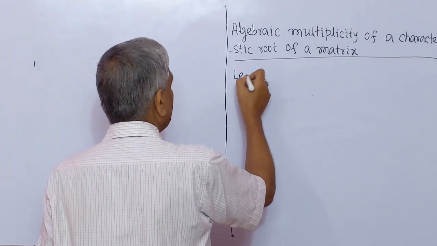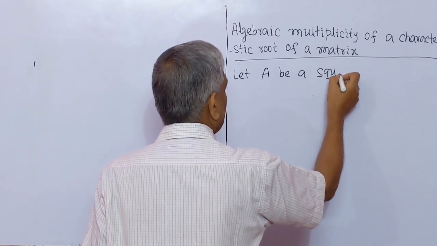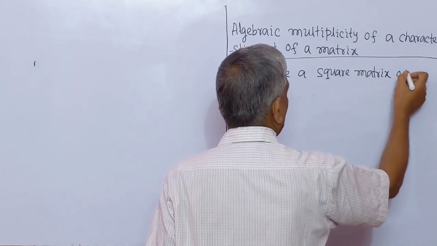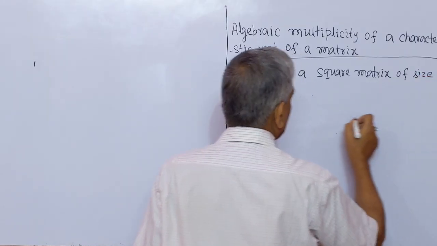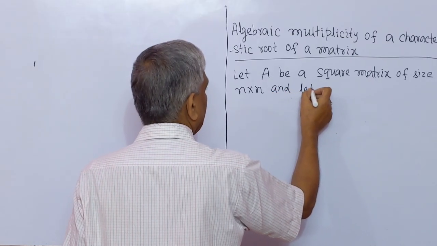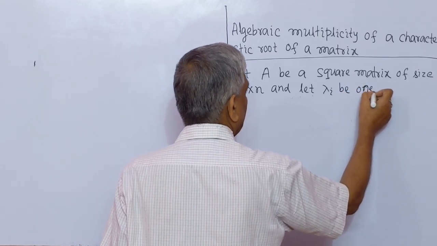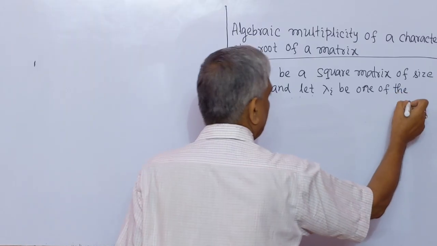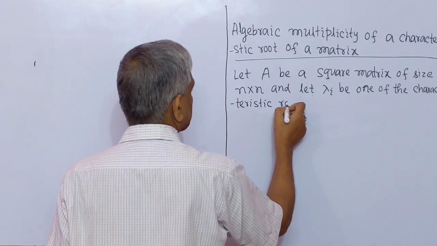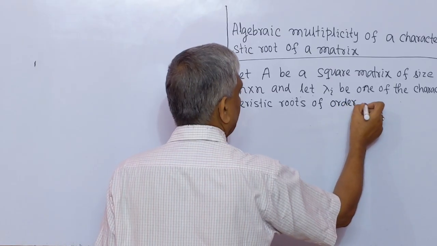Let A be a square matrix of size n by n, and let lambda i be one of the characteristic roots of order k.